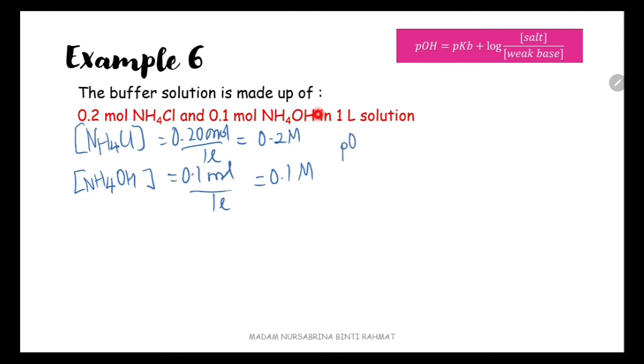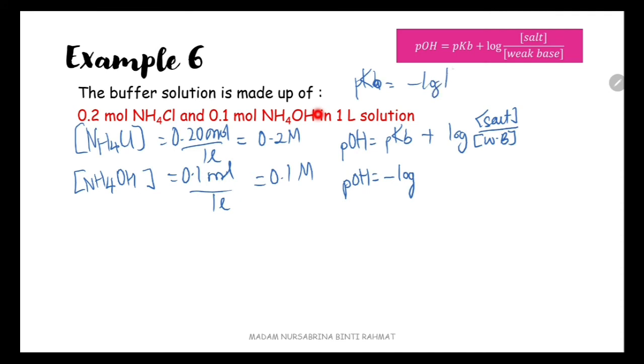Then you can substitute the values into the Henderson-Hasselbalch equation. Please rewrite the equation first and then substitute the values. Just to remind you, you need to memorize this equation because it will not be given in the exam. pKb is exactly the same as pKa, it's just negative log Kb.